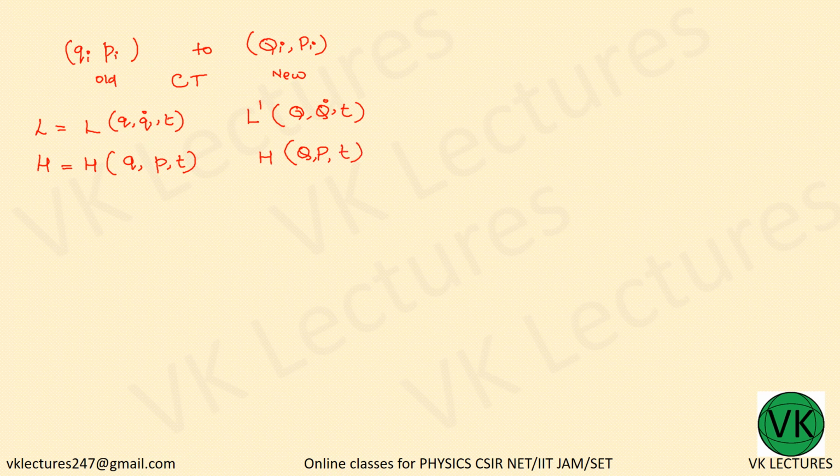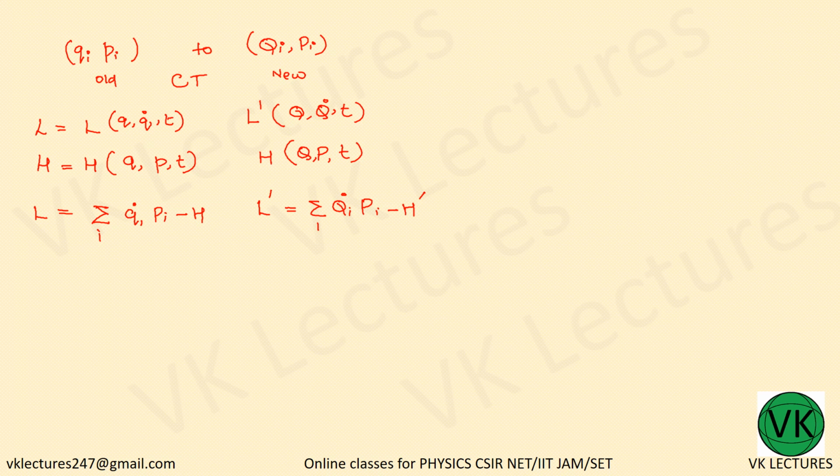The Lagrangian from the Hamiltonian can be written as the sum over i of qi dot pi minus h, while the Lagrangian L dash is the sum over i of capital Qi dot capital Pi minus h. So here the Hamiltonian becomes h dash.